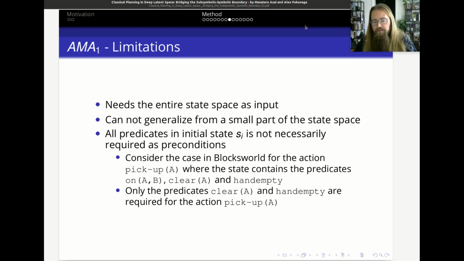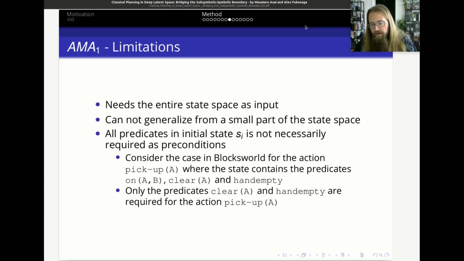If you're familiar with the blocks world, this example will make sense to you. There is one action where you can pick up a block, and in order for this action to be applicable, the preconditions are that this block needs to be clear and that there's not a block in the hand.